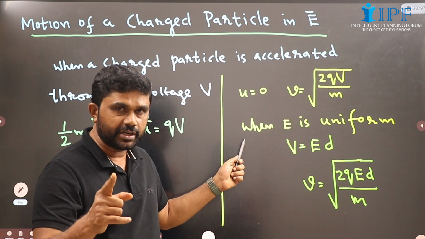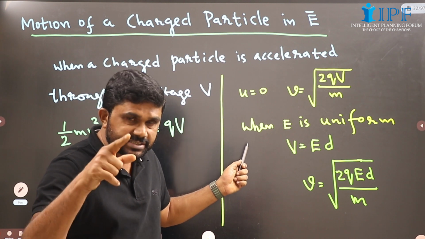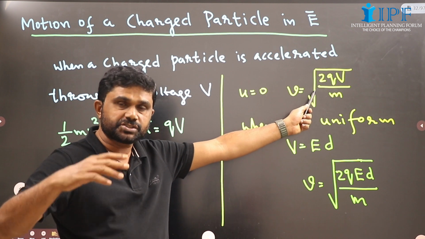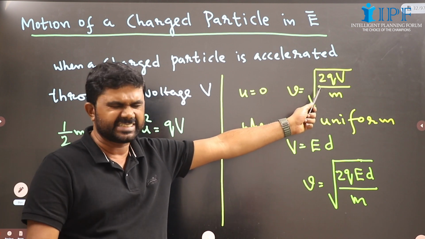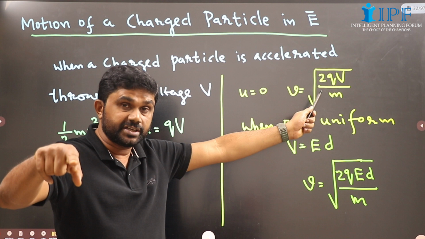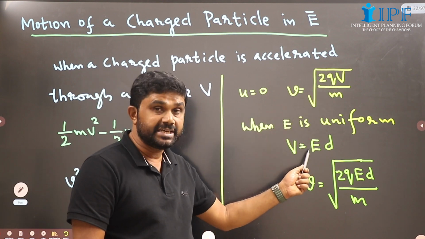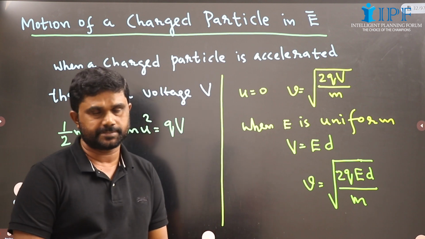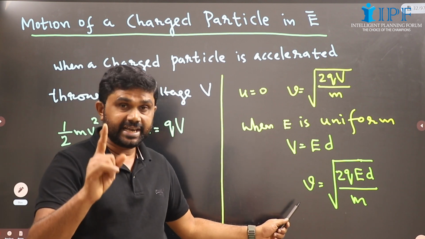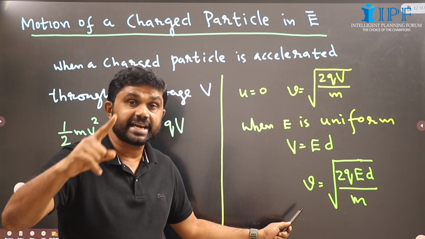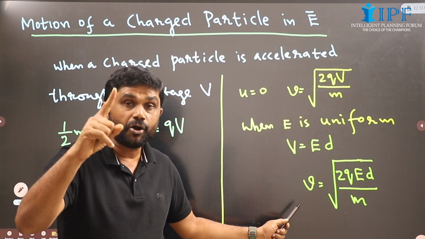This can be applied whether the field is uniform or non-uniform. But if the field is uniform, then this potential difference can be expressed as the intensity of electric field into distance.